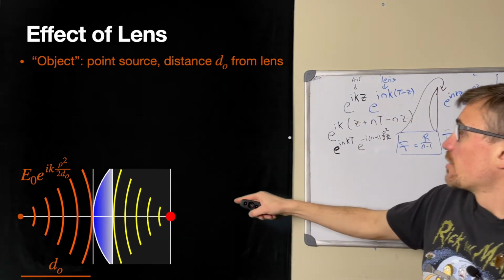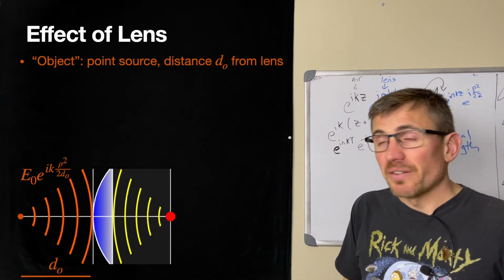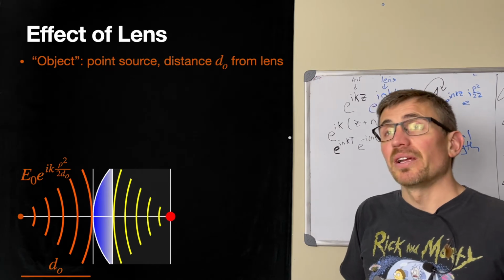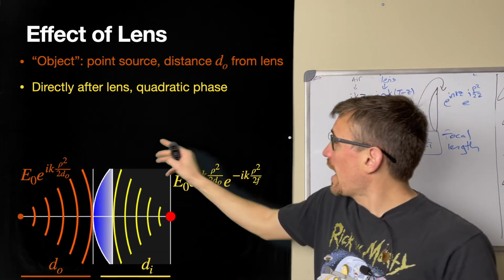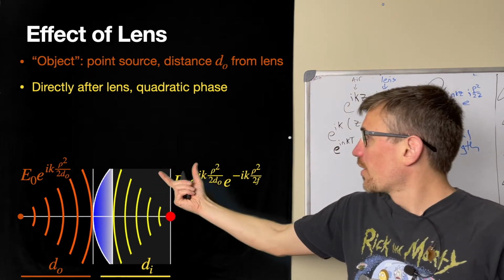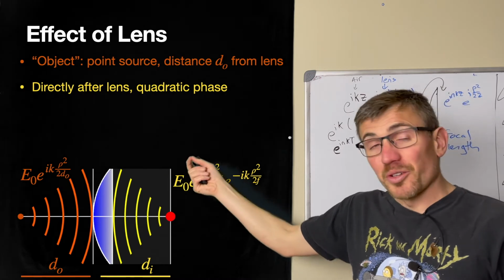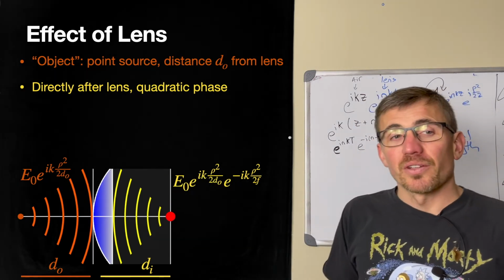Anywhere on some height rho above the lens, it's going to impart a quadratic phase shift, minus rho squared over 2f. So directly after the lens, we have this equation in yellow here. We have our input field with our rho squared over 2 d object times our quadratic phase shift, okay?